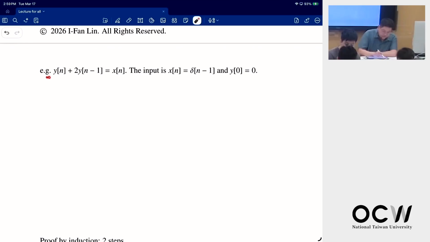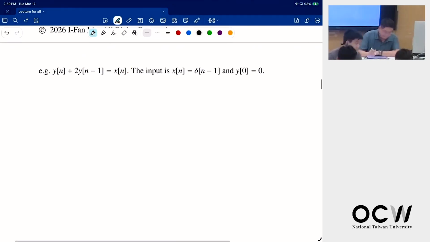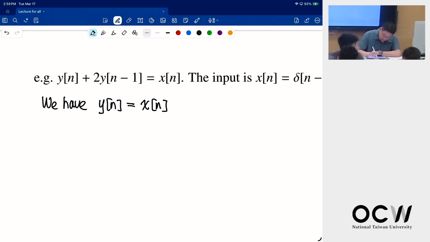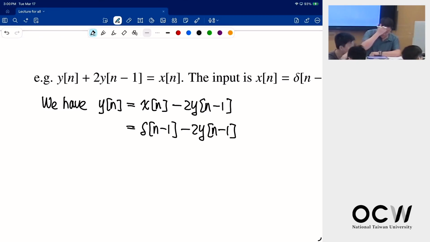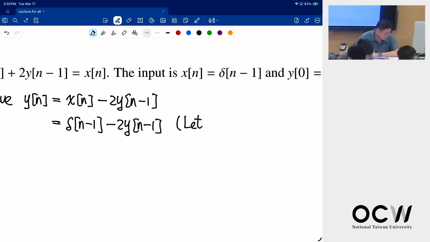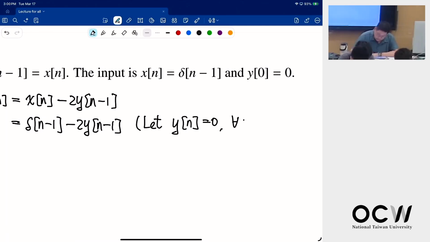So first we have this equation: y[m], the output, is equal to x[m] minus 2y[m-1], and x[n] is the shifted delta function, delta[m-1], and then minus 2y[m-1]. Here, y[n] equals 0 for all n less than 1.